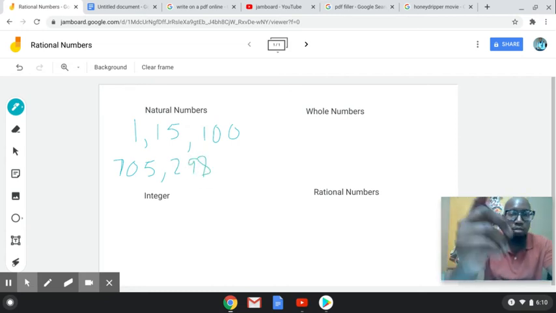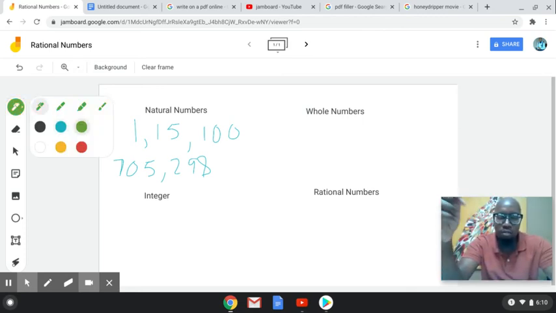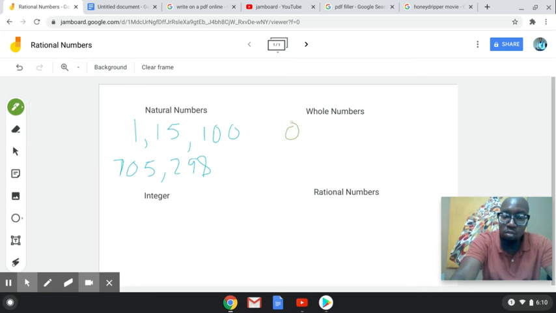All right. Then you also have what is called the whole numbers. Again, this is something that you probably have seen before. The whole numbers are just really the natural numbers, but with the number zero. So it includes zero, and then one, two, three, and then some more down the line.